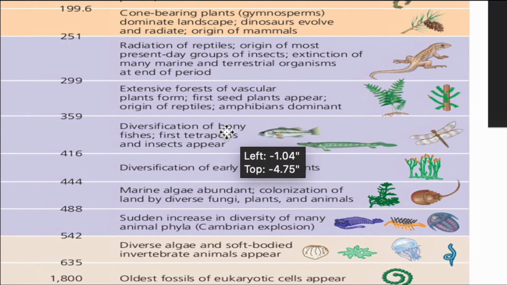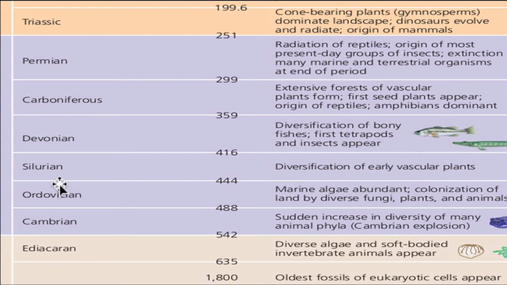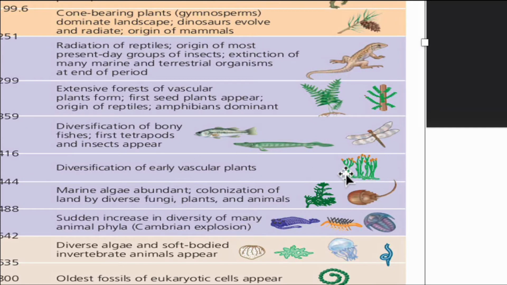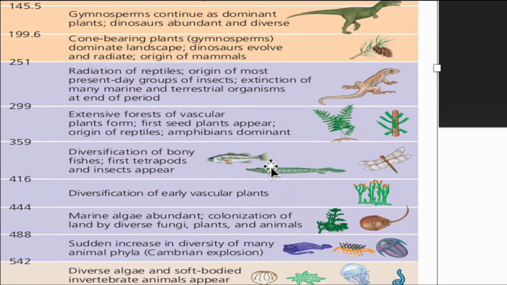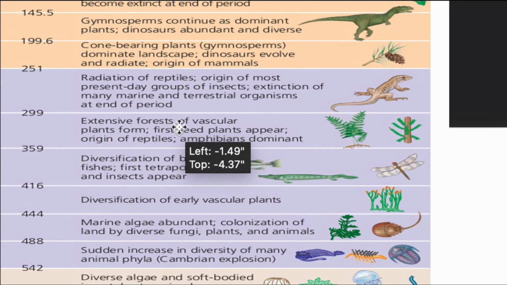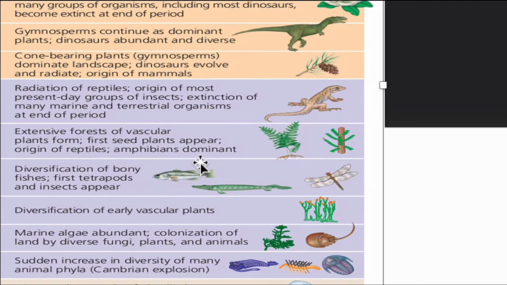Because what happened before, during the Silurian period, which is about 444 million to 416 million years ago, is that vascular plants diversified on Earth. Between 359 and 299 million years ago, during the Carboniferous period, we end up getting extensive forests that start to develop and expand.